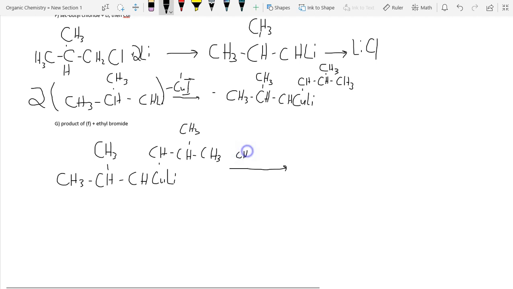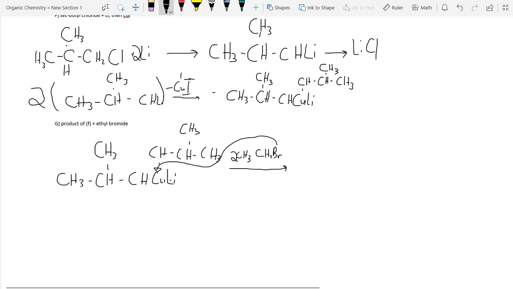So we have CH2, CH2Br. And so to balance it, you're going to have the 2 there. So what's going to happen is your bromide here is going to bond with the copper.